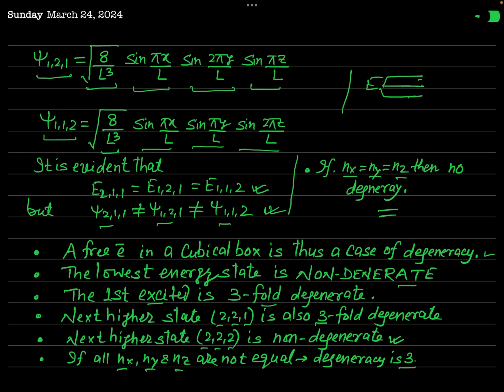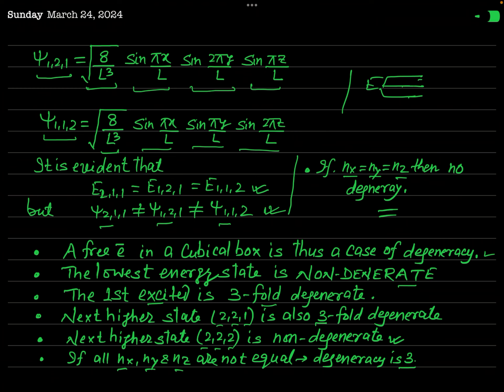So for a particle in a three-dimensional box, for the states nx equal to ny equal to nz, all these states are non-degenerate. But if any one of the quantum numbers is different, then that state has threefold degeneracy. This is a very important fact and very important for your objective questions.